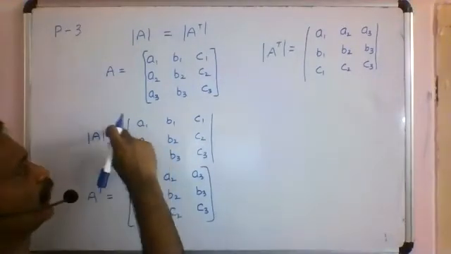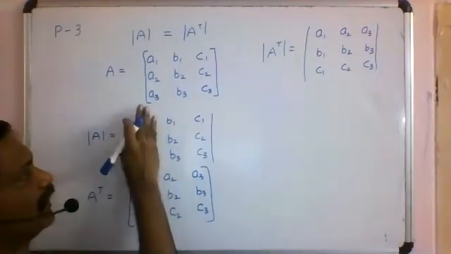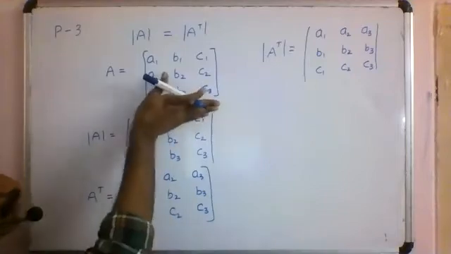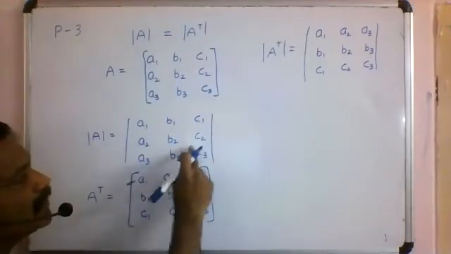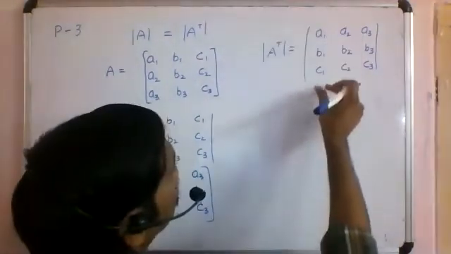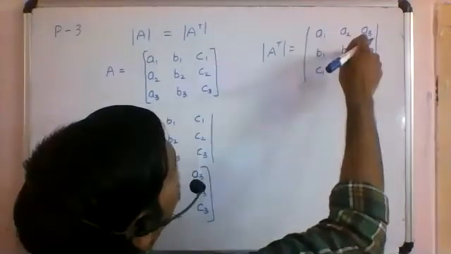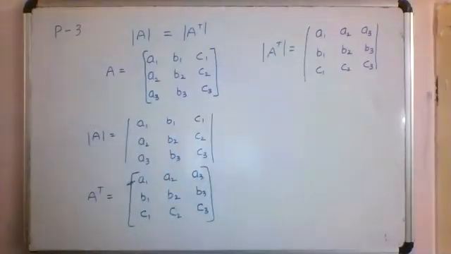A1 into, if you expand along the first row, you have to close this column and this row. We are left with B2C3 minus B3C2. If you expand along the first column here, again A1 into B2C3 minus B3C2 only. So in that way, we can say both are equal.